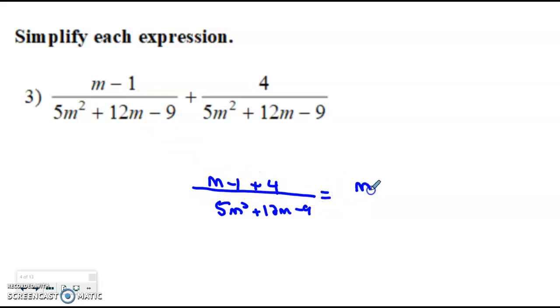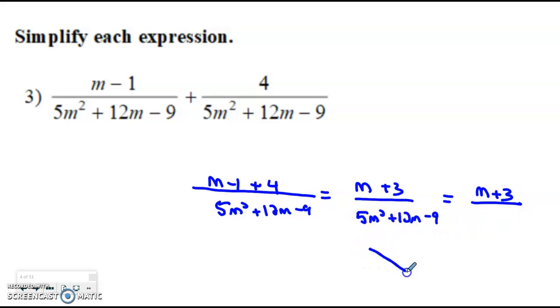And in that case, I would get m plus 3 over 5m squared plus 12m minus 9. What I do know is I have m plus 3 in the numerator. In the denominator, actually, 5m squared plus 12m minus 9 does factor.